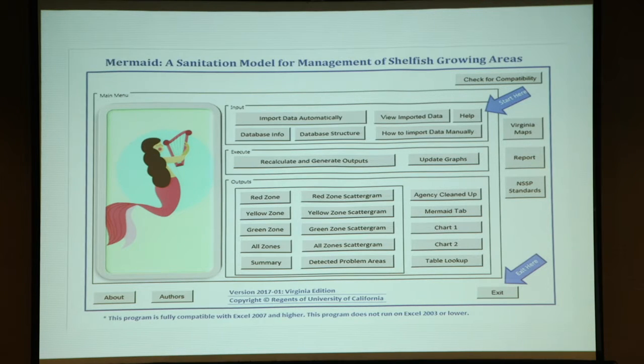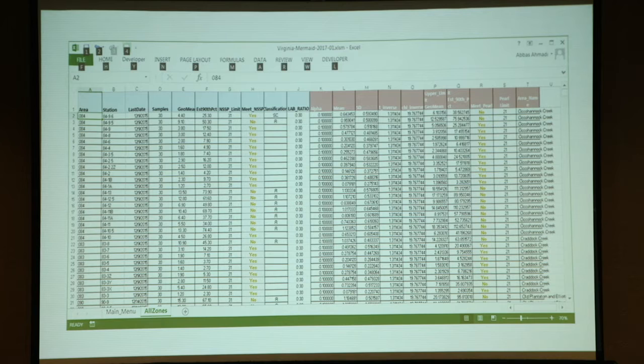Now, Mermaid can also handle mixed tests, transitional data sets, such as 3-tube tests to the membrane filter test, identify problem sampling areas during the transition period, and can redefine the boundaries of a shellfish growing area. This partial Mermaid data screen was specifically designed for the Virginia Department of Shellfish Sanitation.